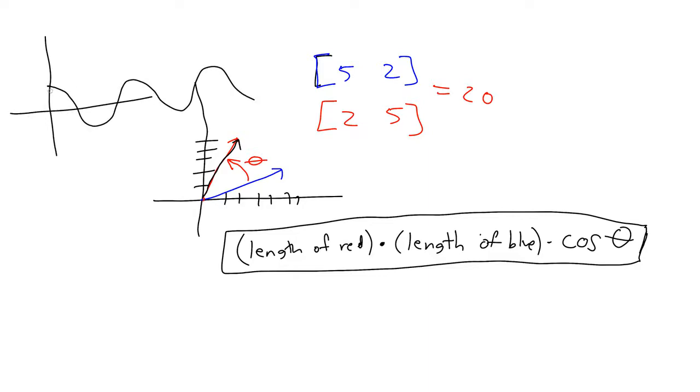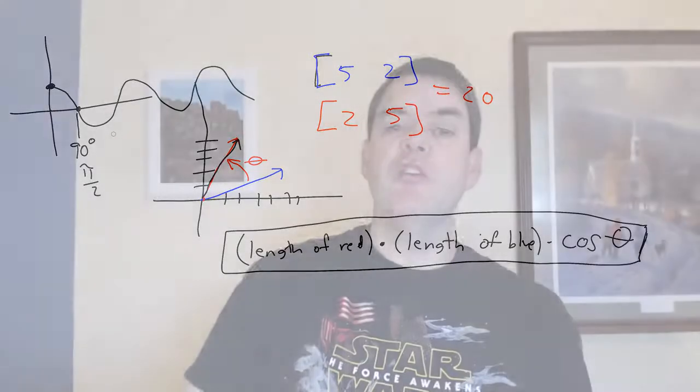Fun fact. And if you remember cosine, you'll remember that if you plot that, it looks like this. And importantly, the cosine is 1 when the angle is 0. And the cosine is 0 when the angle is 90 degrees. That right there is 90 degrees, or if you want to do it in radians, that's pi over 2, okay? Doesn't really matter. The point is that if the two vectors are orthogonal, the cosine of the angle between them is 0.